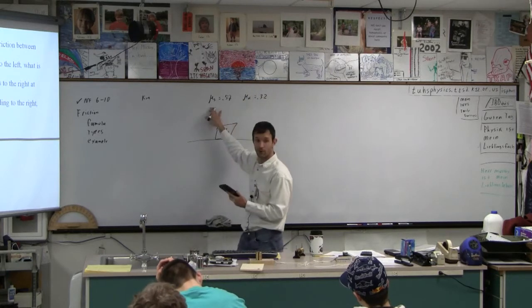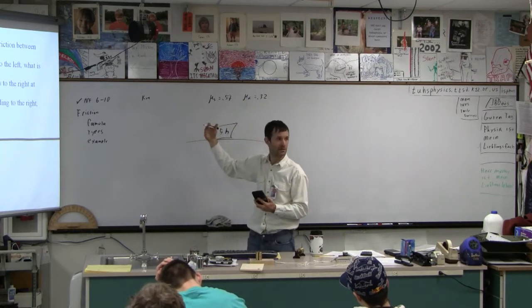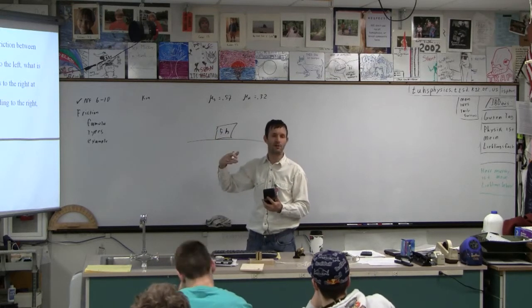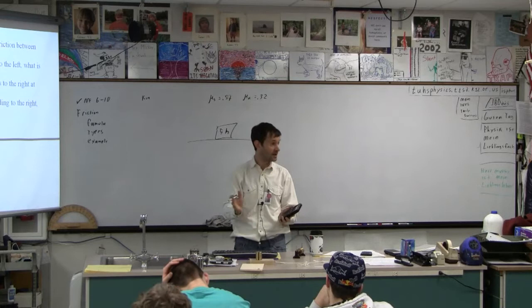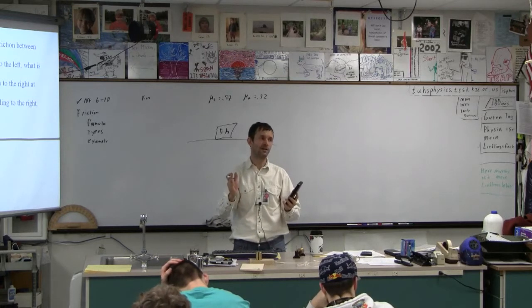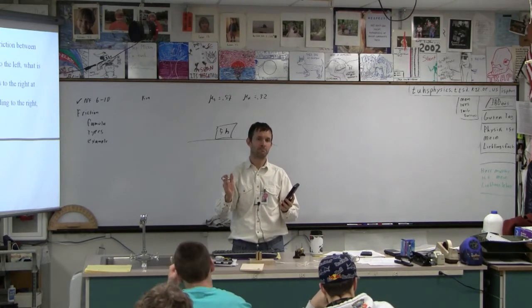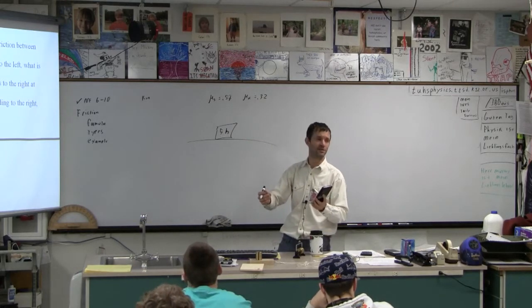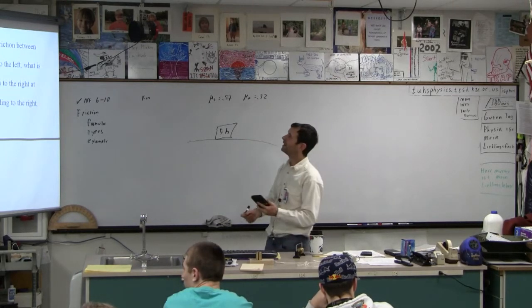If you forget what static and kinetic mean, the higher one is always the static, and the lower one's kinetic. They could be the same, but you could never have a kinetic higher than the static. It's harder to keep it sliding than it is to start it sliding.